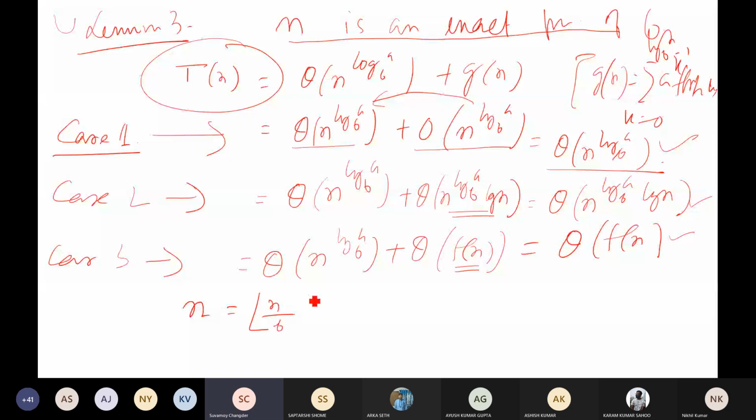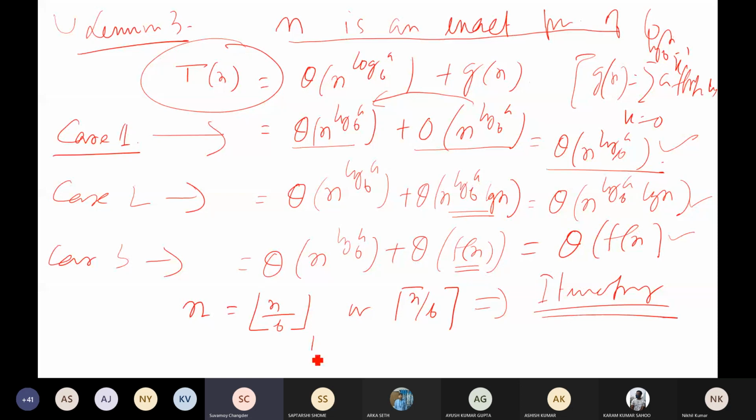So the home task is to prove the master theorem for any value of n. So this is all about the proof of the master theorem. Please check the book, read it, and if you find any difficulty, let me know.